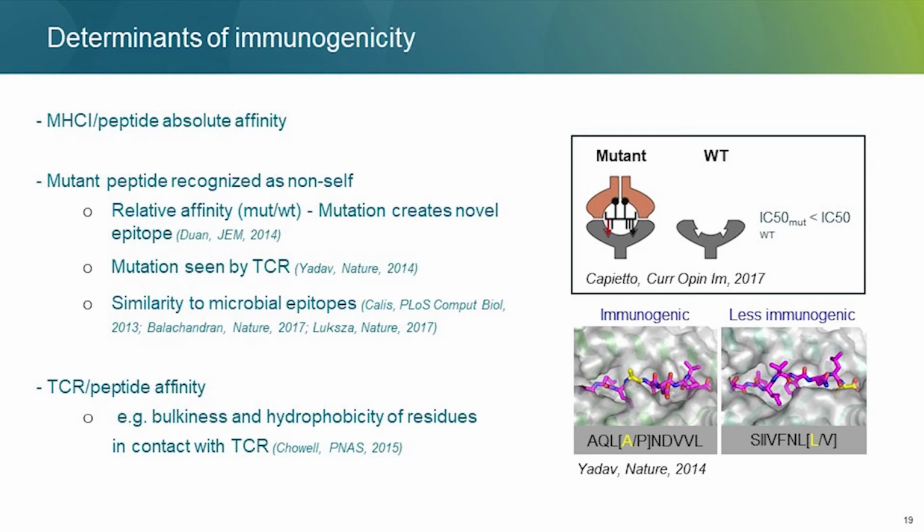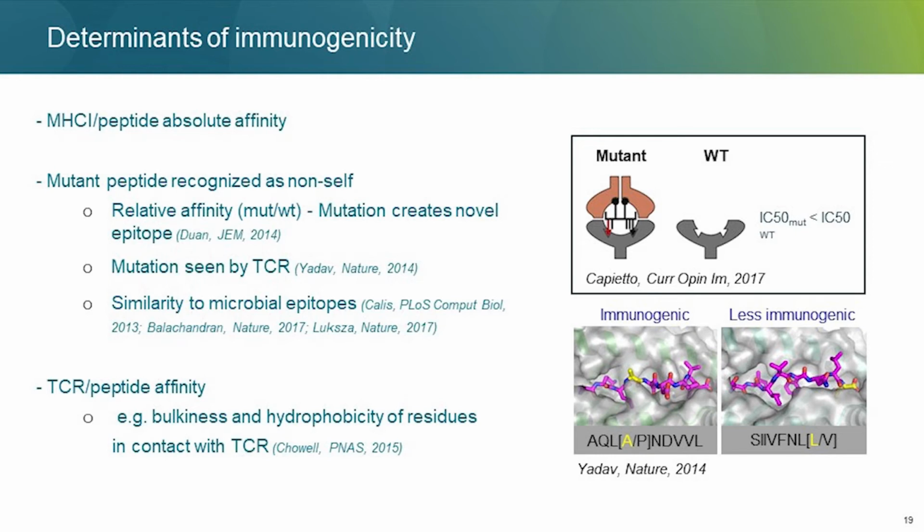What we have also shown is that the position of the mutation is important. So if the mutation that you can see here on the lower left-hand side in yellow is in the middle of the peptide, you can see here is the MHC class 1 groove with the peptide bound to MHC class 1.